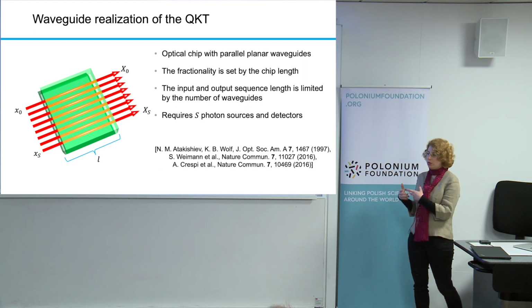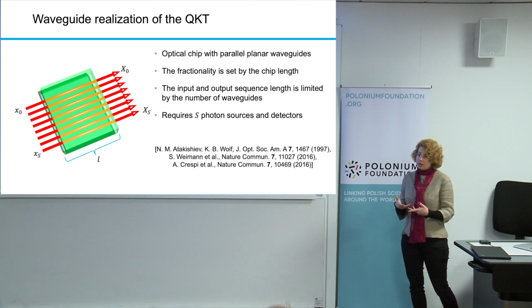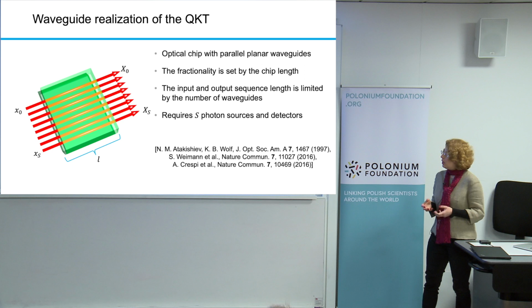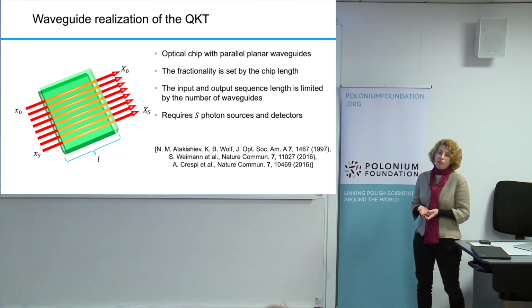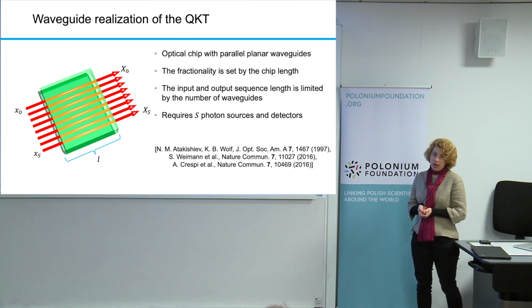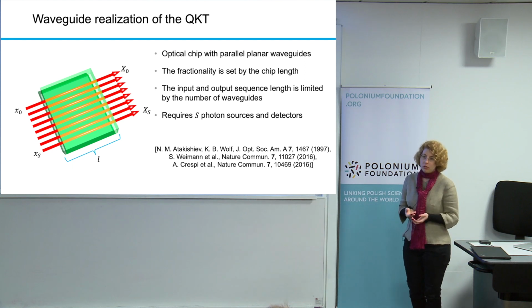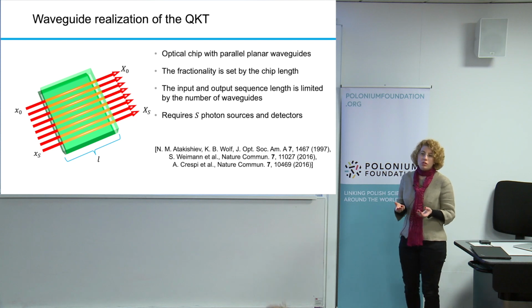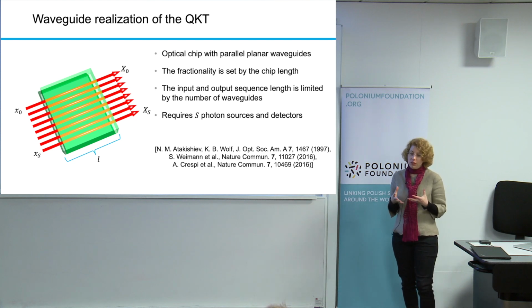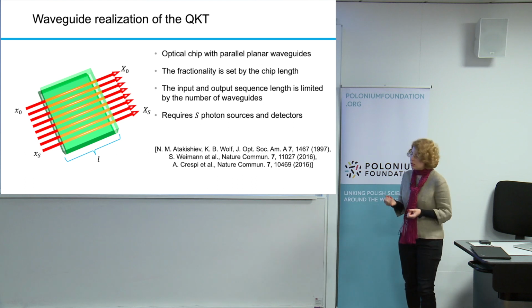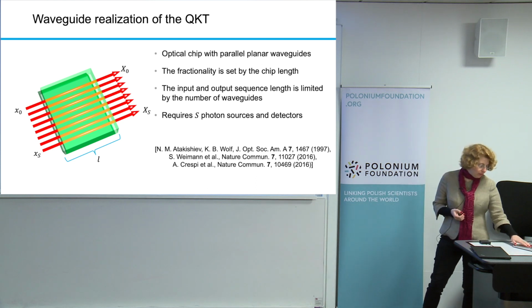Each time one has to prepare a new chip, and scaling of this technology is also rather poor, because you know how many single photon sources you can have, how many single photon detectors you can have. A single photon detector requires cryogenic cooling, so it's a whole device itself. It's very expensive. So I'd say this is rather limited.